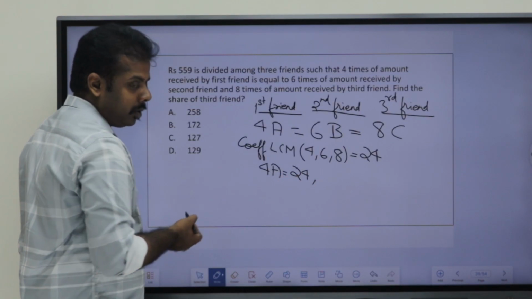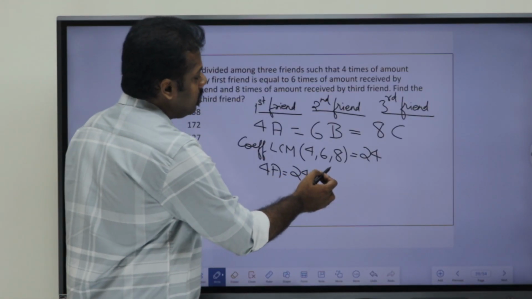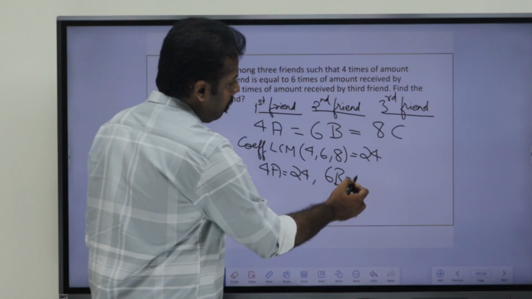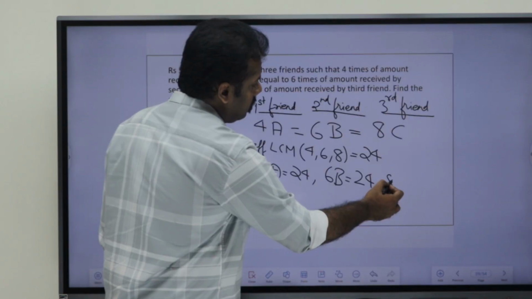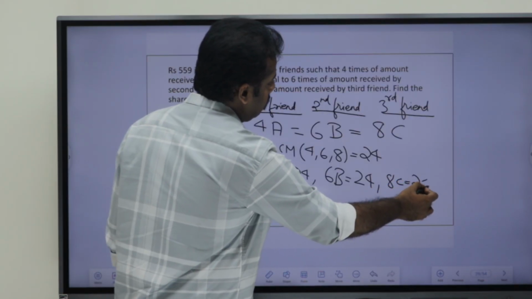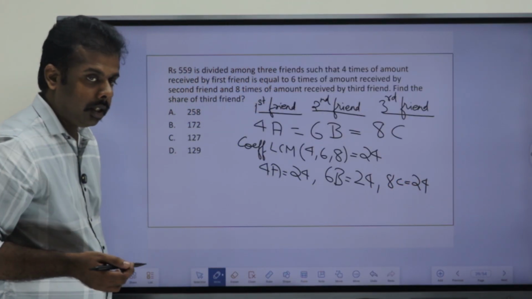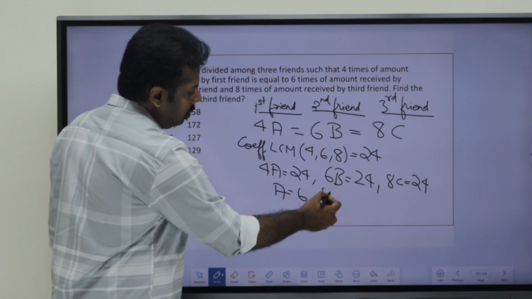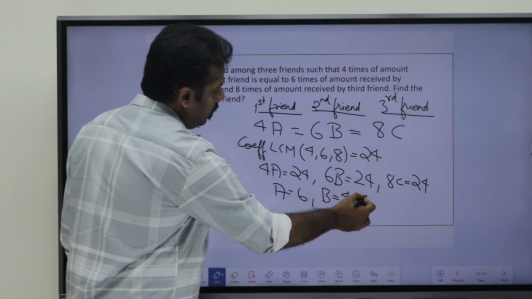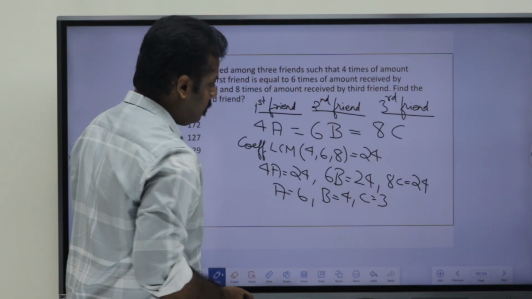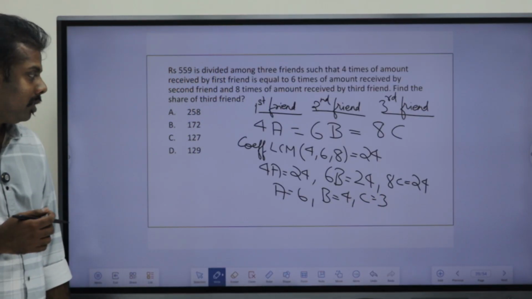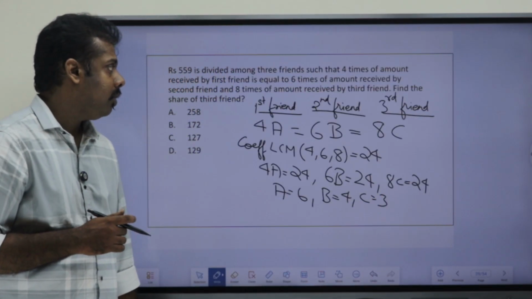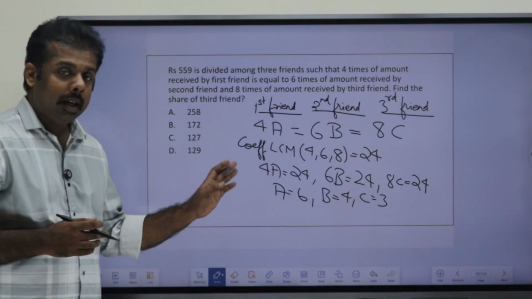So, 4A is equal to 24, 6B is equal to 24 and 8C is also equal to 24. From this we can say that the value of A is 6, the value of B is 4 and the value of C is 3. So, we have got the ratio of A, B and C as 6:4:3.